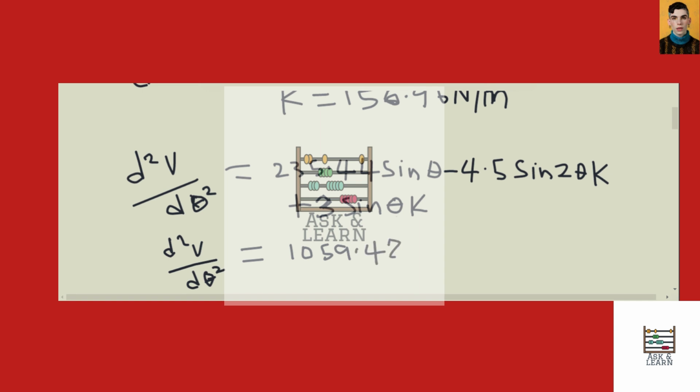You can see that this is greater than zero. So for that position, the equilibrium is stable. So these are the values for the equilibrium position for k and the stability.